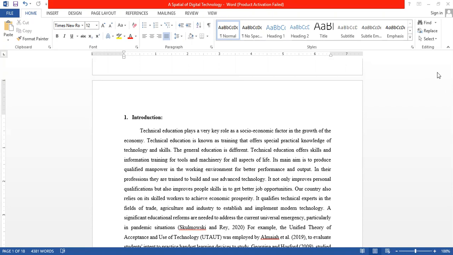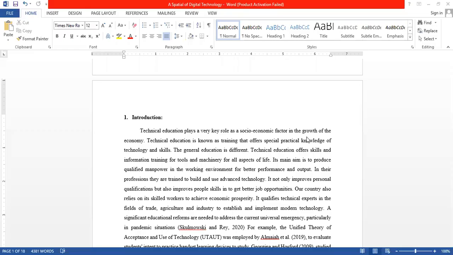As you can see in the introduction, you can write your introduction from your dependent variable, or you can write it from your independent variable. It depends on your output. I started from the sector in which I was going to conduct the research.